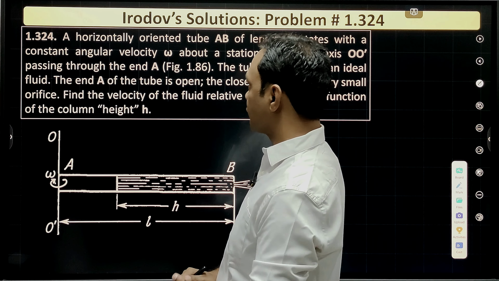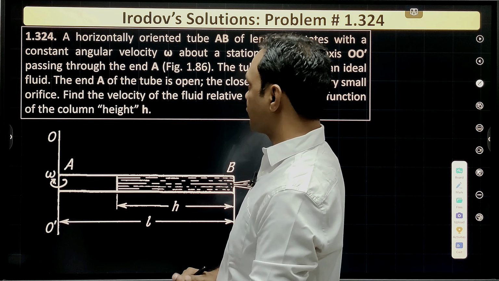Pressure here is say P at position x, and pressure at position x plus dx is say P plus dP. And we are making the FBD of this element while sitting on this rotating container. So this part should be in equilibrium.